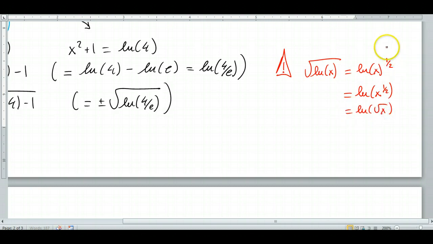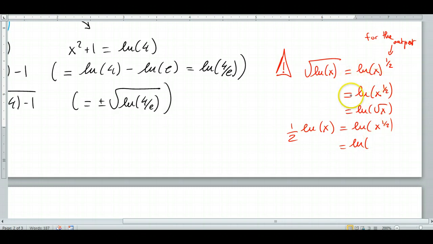The 1/2 right here is for the output. When you have a 1/2 in front of ln, then you can bring it inside for the input, x to the 1/2. This 1/2 right here is for the input.